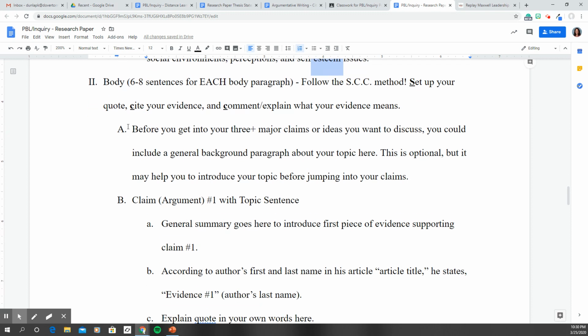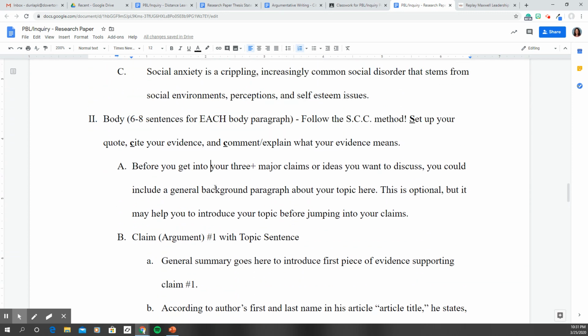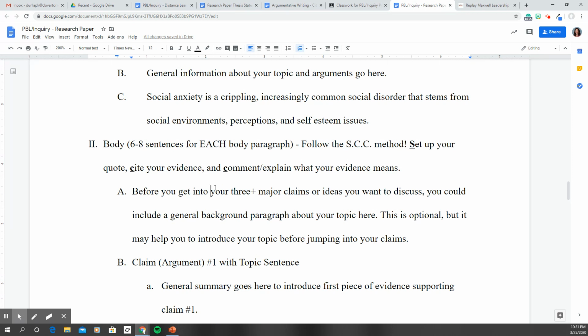Now, look at what I said here for letter A. Okay. Before you get into your 3+ major claims or ideas you want to discuss, you could include some general background information about your topic. If you're worried about making the 3 pages, instead of going into your first idea from your thesis statement, and for Braden, it would be social environments, he could give me a paragraph or two just about social anxiety.